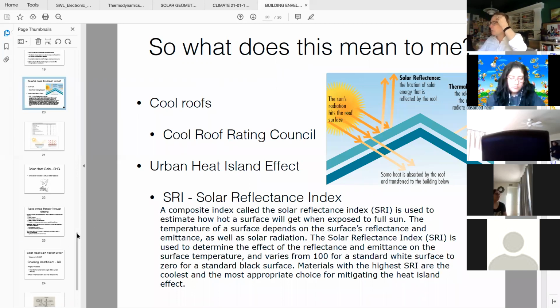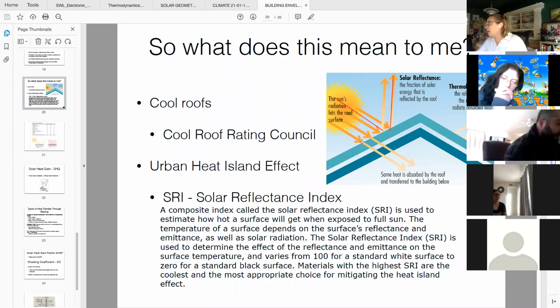I like this diagram a lot because I think it does a good job of explaining some of these factors. So when you think about our roofs, the solar radiation will hit the roof and some will be reflected off.